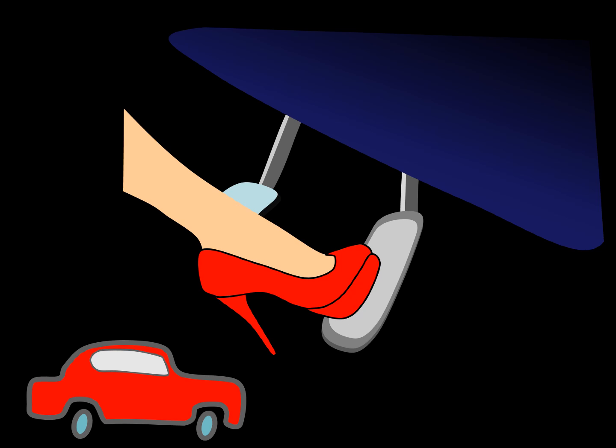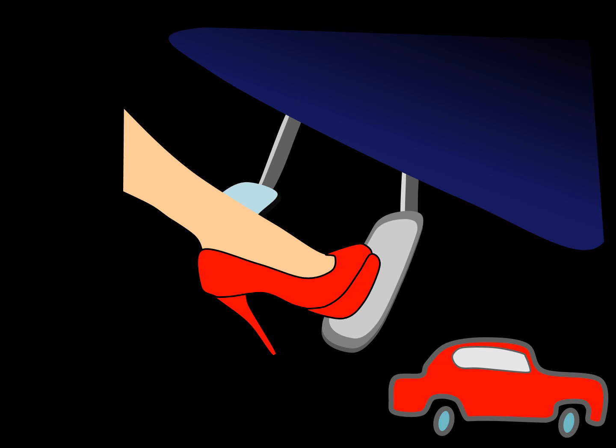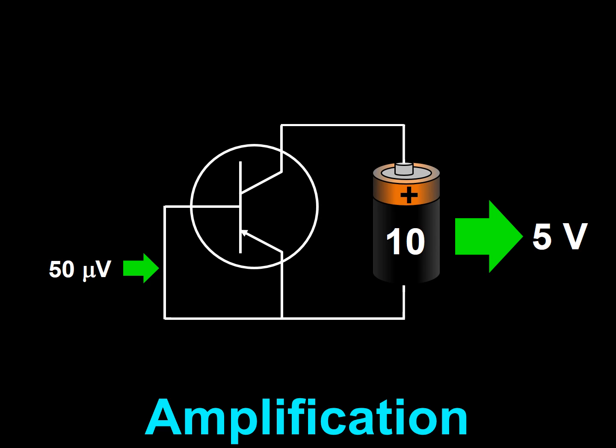Another analogy I have found useful is to think of a transistor as the pedal of an accelerator in a car. The force applied to the pedal is minimal, yet the force generated by the car's combustion engine to move the car forward is big. In a way, this is similar to what happens in a transistor. A few microvolts coming in are turned into lots of microvolts going out.